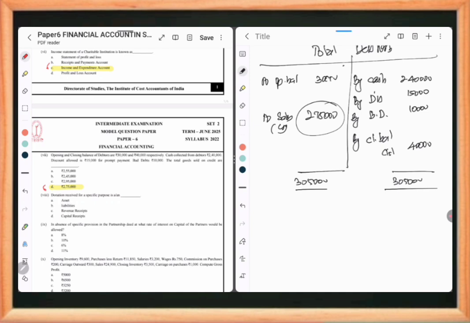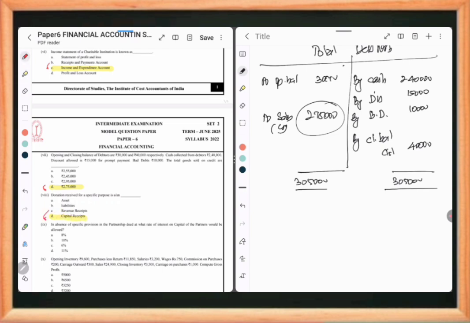Donation received for a specific purpose, such as for a building, for constructing the building, is called a capital receipt. That is the correct answer. It has to be shown on the liability side.